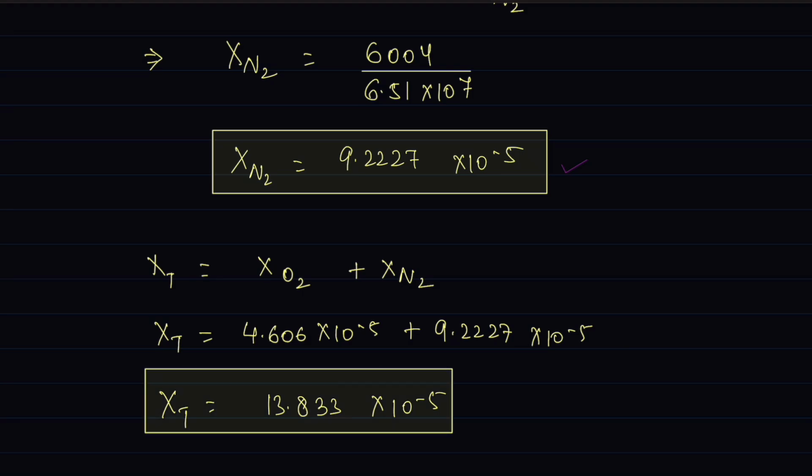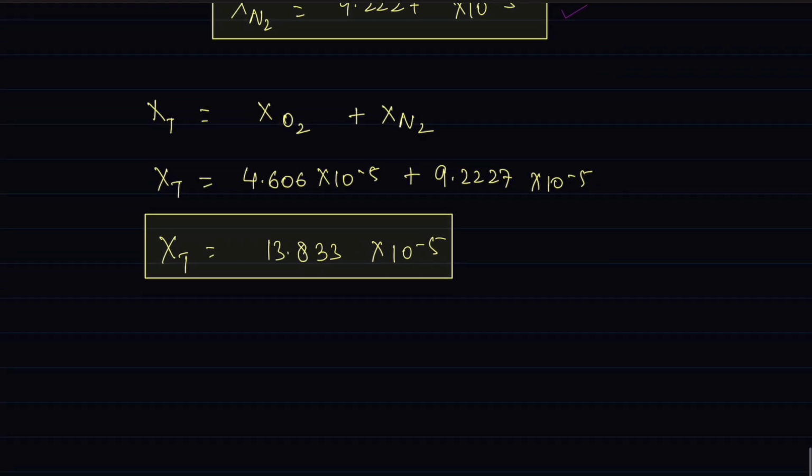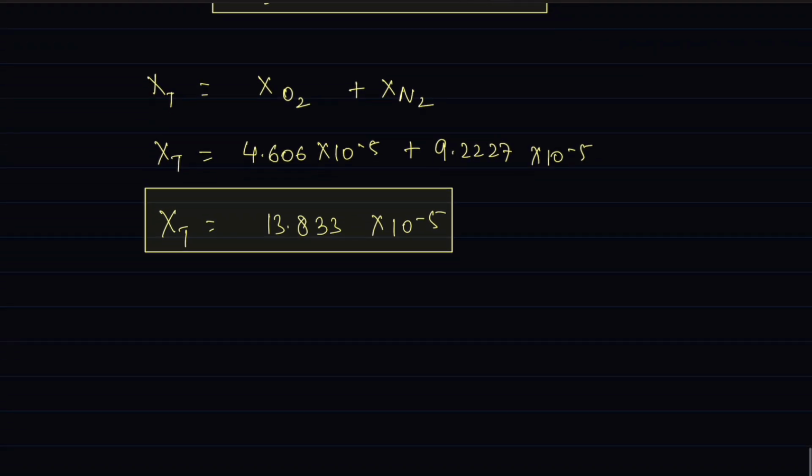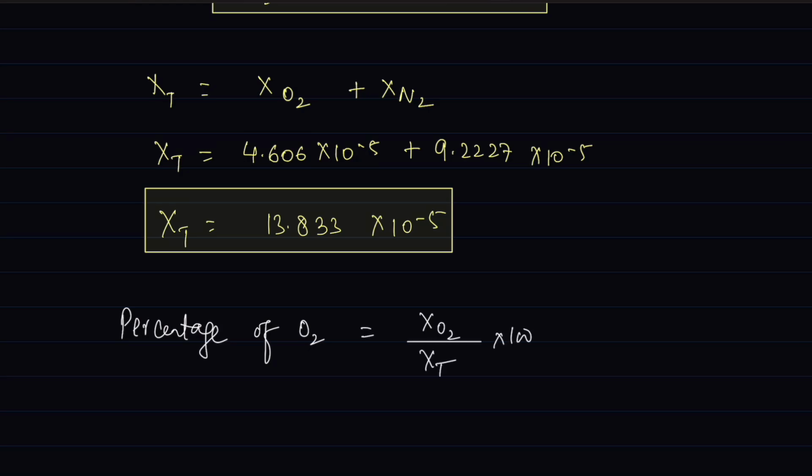Now we have to find the percentage composition. So the percentage of O2 is equal to the mole fraction of O2 divided by total mole fraction into 100.